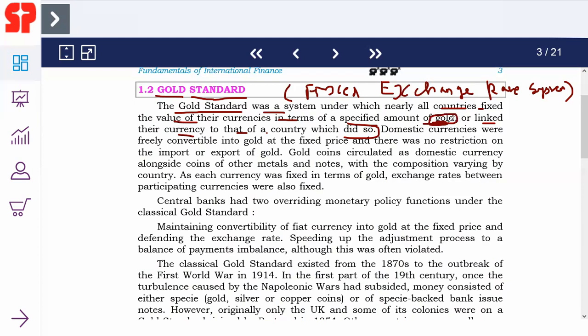Okay, so currency was linked to gold. Domestic currencies were freely convertible into gold at a fixed price. Very interesting, just understand.